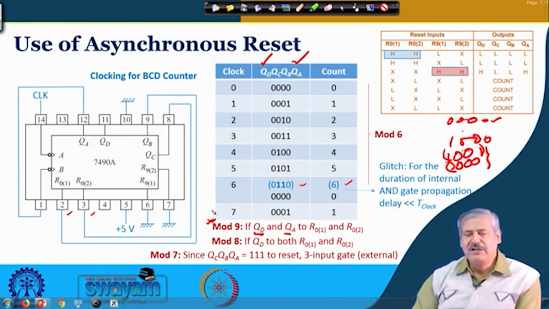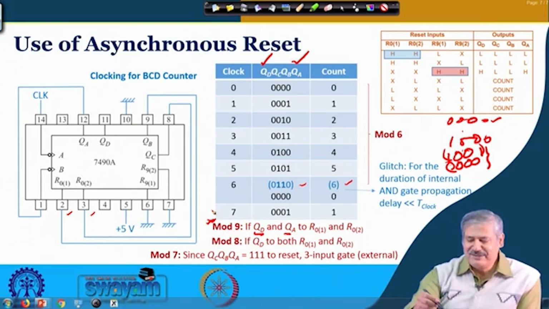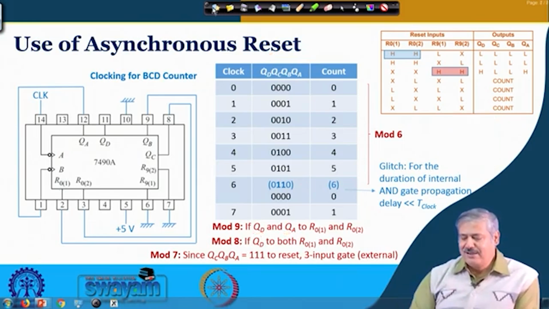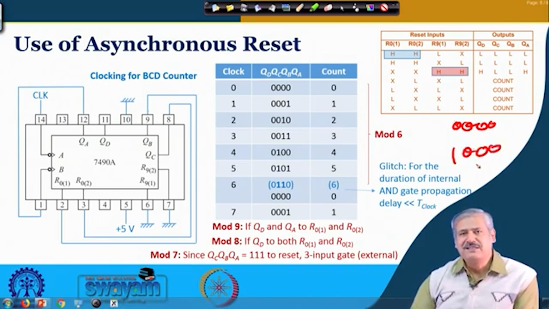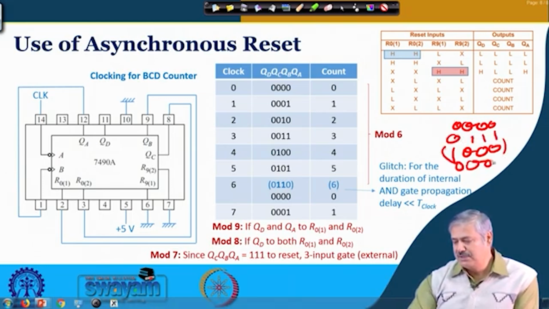Okay. If you want a mod 8 counter, what is the first occasion when this is the count? So, 0 0 0 0. So, 1 0 0 0, this is the time when you want to reset it. Okay. So, before that you had 0 1 1 1, right, you want 1 0 0 0 and 0 0 0 0 at one particular clock cycle.